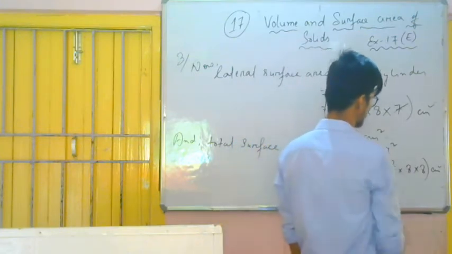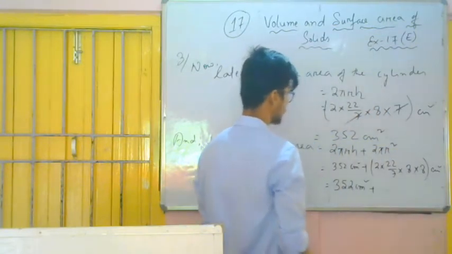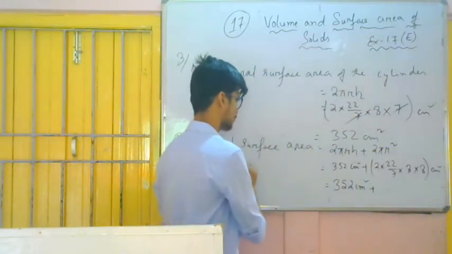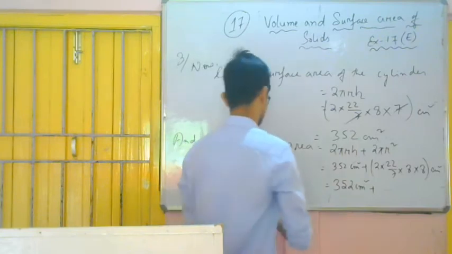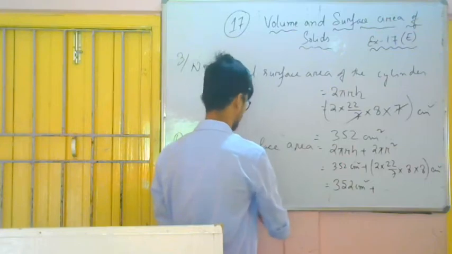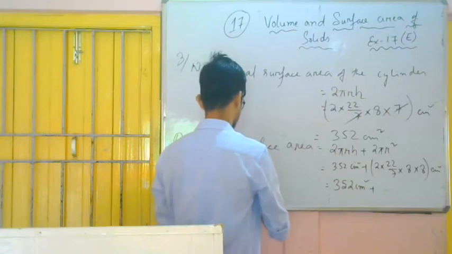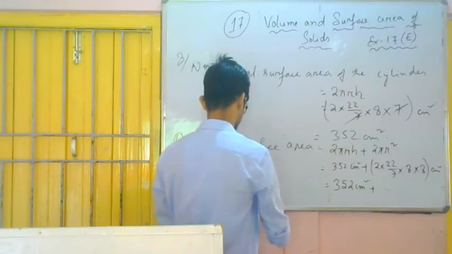So simply you multiply it, 8 8s are 64, and then multiplied by 44, 4 4s are 16, 6 4s are 24 and 1, 25, then 256.